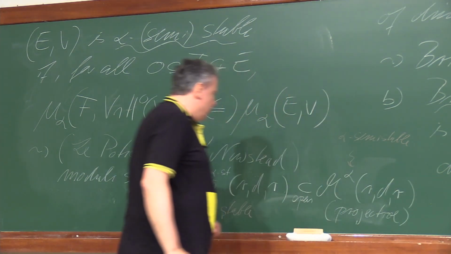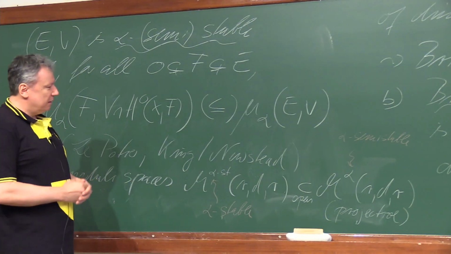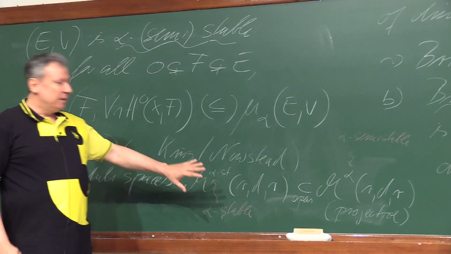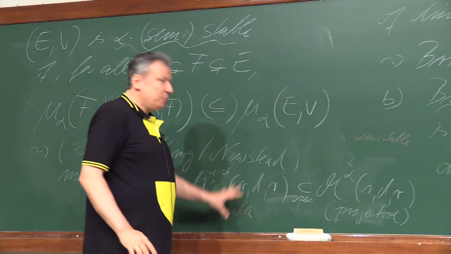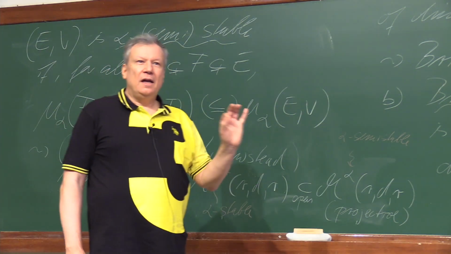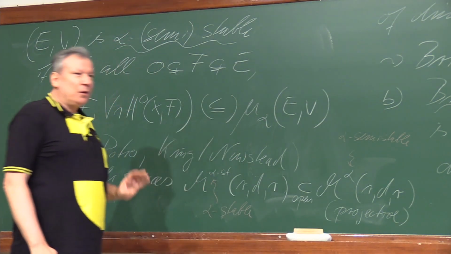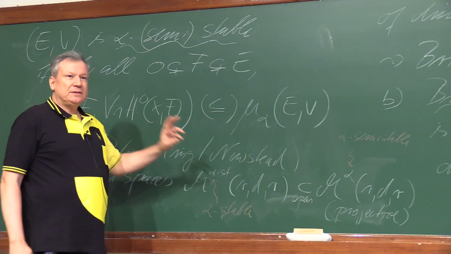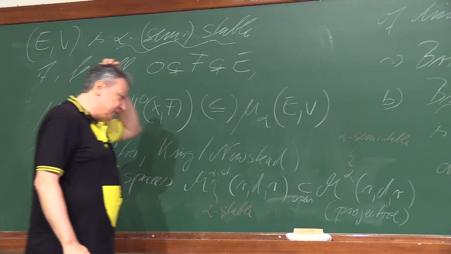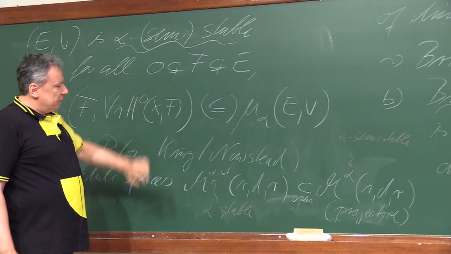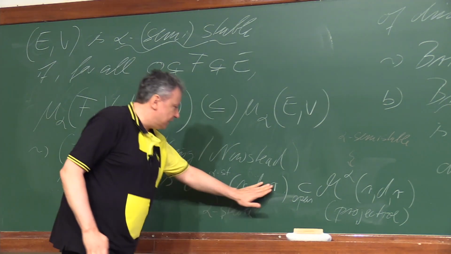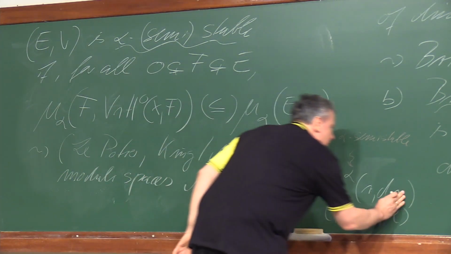Good. So, I mean, the reason is if you look at the stable objects, you get this quasi-projective moduli space, and its points are in natural correspondence to the isomorphic classes of alpha stable coherent systems of type R, D, S.